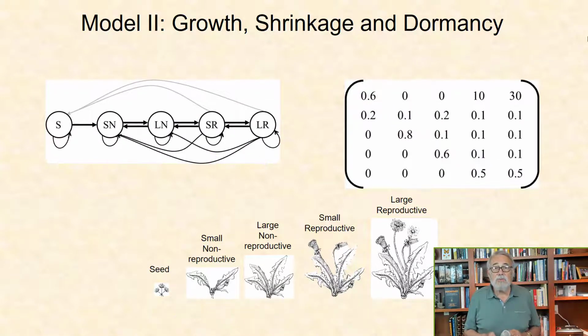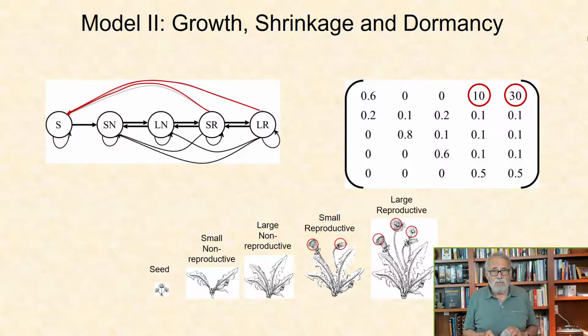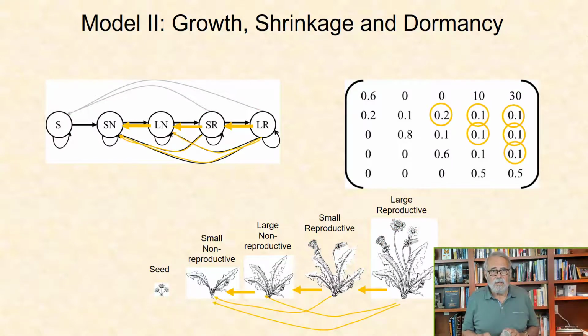There is also reproduction for both the small and the large reproductive classes, and regression including between both adjacent and non-adjacent stages. There are a number of new transitions in this model that reflect two plant traits of seed dormancy and shrinkage. In other words, stasis, or regression between states. All stage classes now show some stasis, in other words, some probability of individuals staying in the same state.